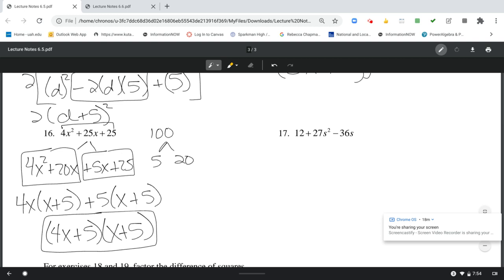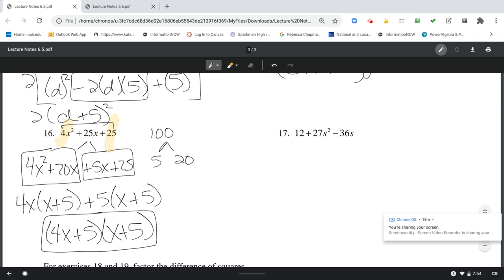So just because my first term is a perfect square and my last term is a perfect square, if that combination, 2 times the a and b, does not add up, then it's not a perfect square trinomial. But that does not mean that you can't factor it in some other format.